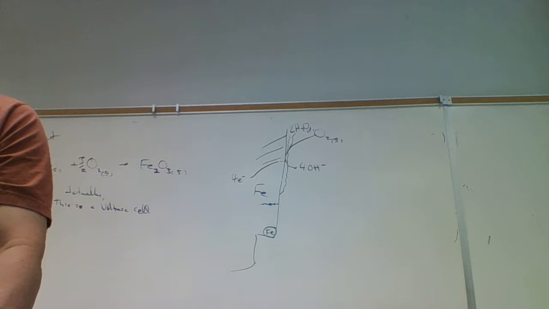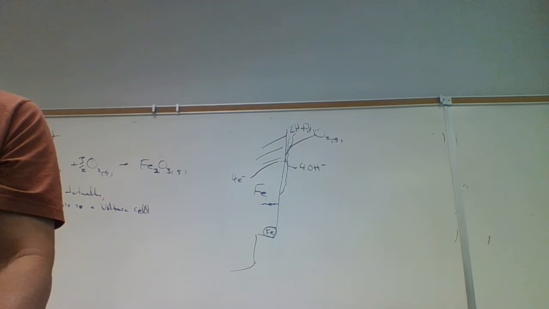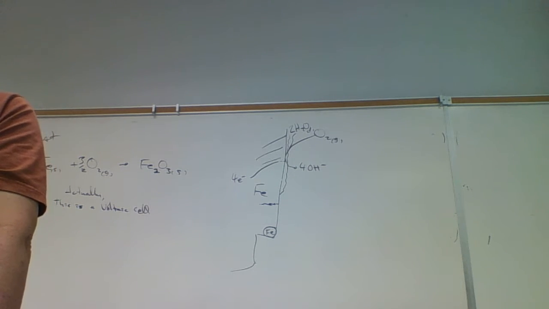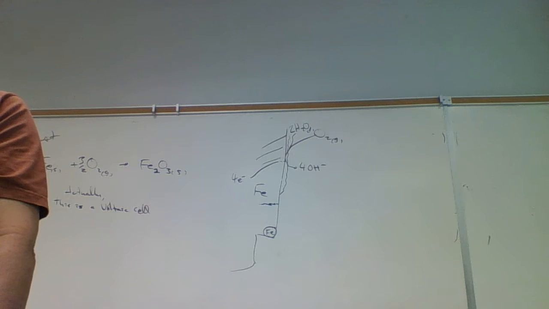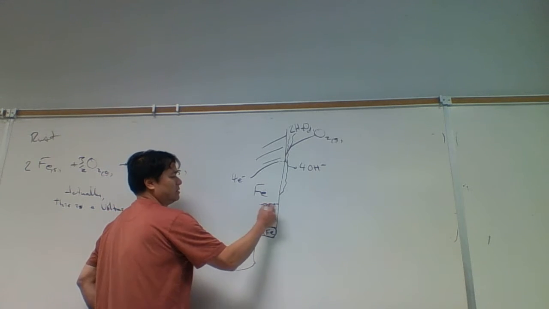A defect site could be a dent in the car. If you get a dent in the car, is it going to start to rust at the dent, or in the pristine part of the iron? It's going to start to rust at the dent, because that's where you created a lot of defects, creases, or holes.